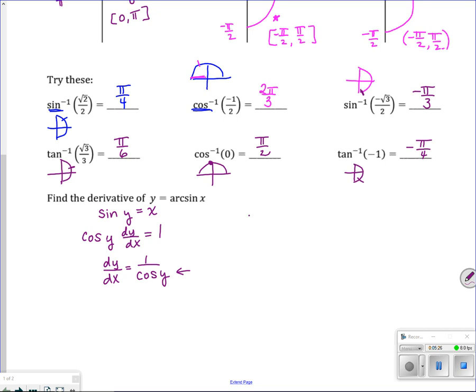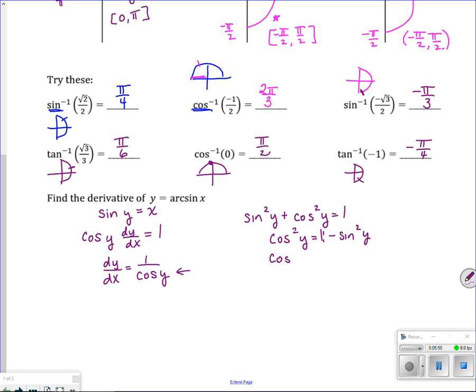Well, of course, we love our trig identities. You know that sine squared plus cosine squared is equal to 1. I'm trying to figure out what the cosine of y would be. If I solve for it, I'd have cosine squared of y is 1 minus sine squared of y.